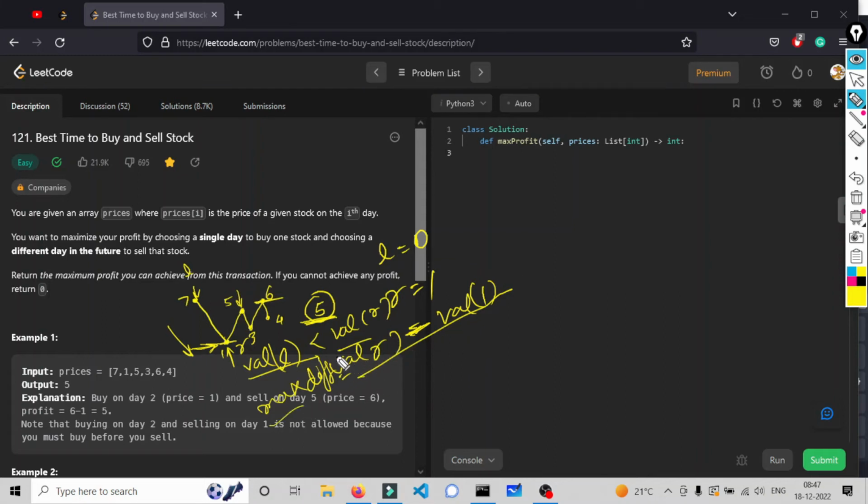So the maximum value will be the max of max difference, comma, max diff. We are going to apply this on the whole set of values. Let me just clean this up.